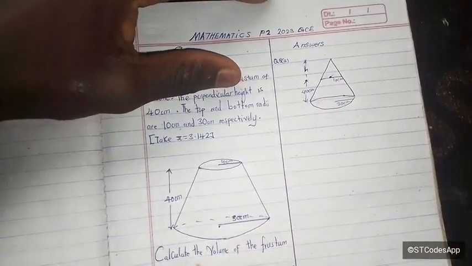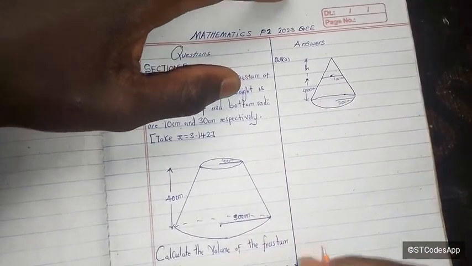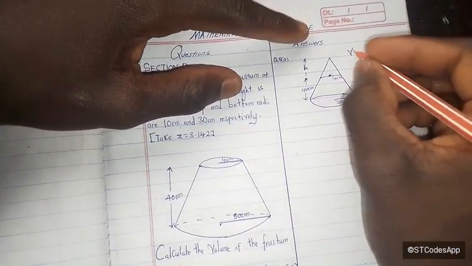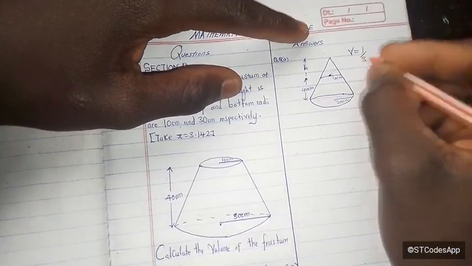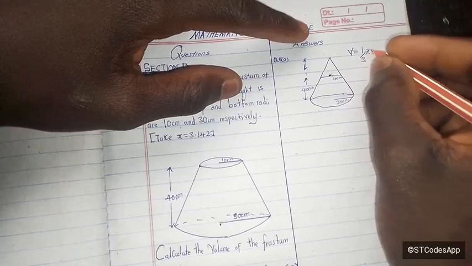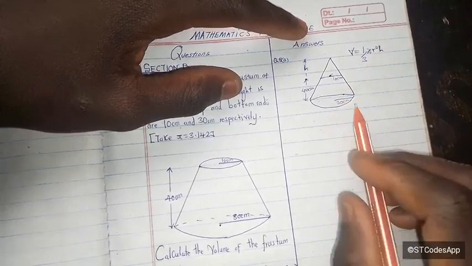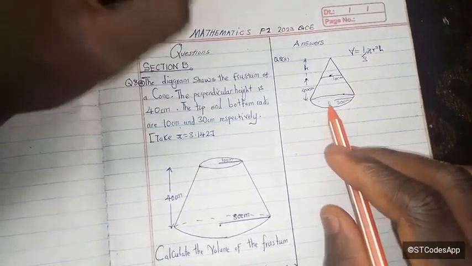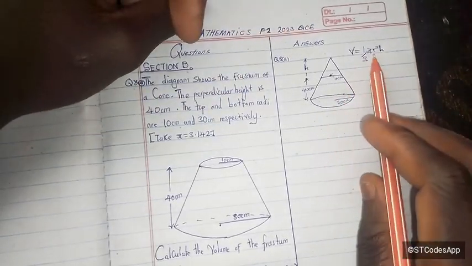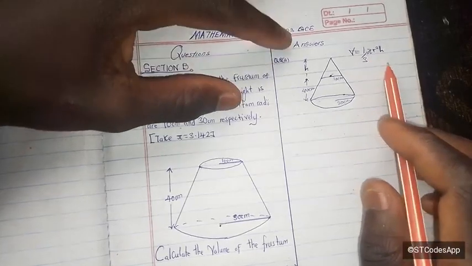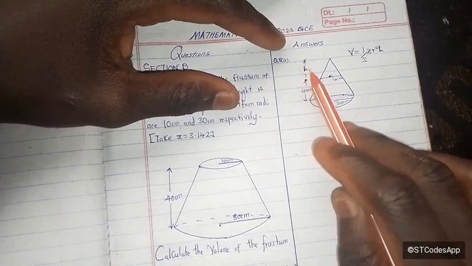For us to calculate the volume, you need to understand the formula. Volume is equal to 1 over 3 pi r squared h. To calculate the volume of the cone or the frustum, we need the radius and also the height. So the first thing is to find the small height here.